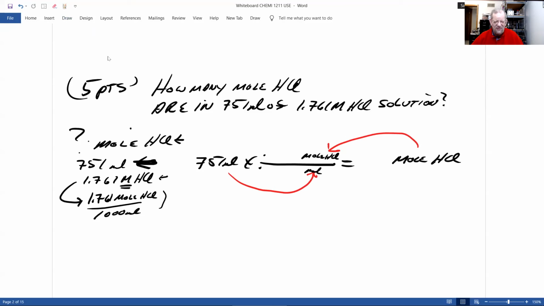And where do I get these numbers? Right here, because I knew what this meant. So there's 1.761 moles of HCl per 1,000 milliliters. Now, before I go and pick up my calculator, you'll see milliliters divided by milliliters cancel out.